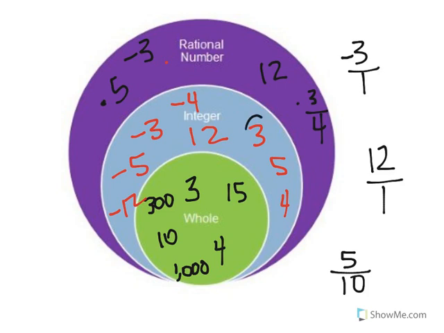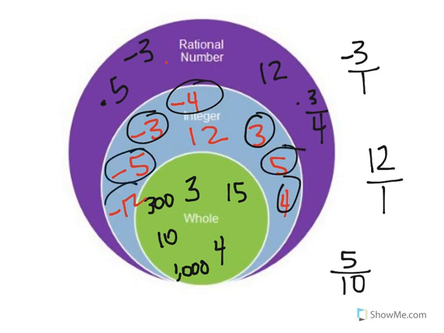For example, I have 3 and negative 3, 4 and negative 4, negative 5 and positive 5, negative 12 and positive 12. So integers are both positive and negative whole numbers. And rational numbers are any numbers that can look as a ratio or a fraction. I know I've said that many times.